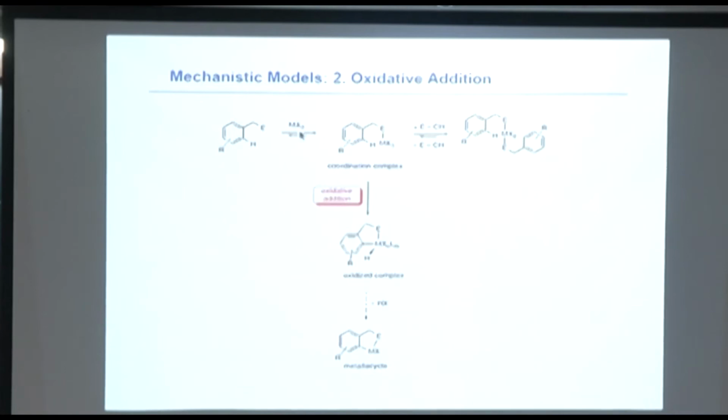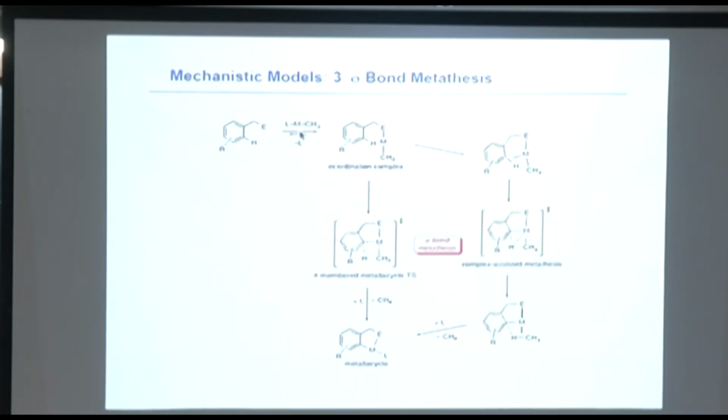In oxidative addition, it's the inverse. We pump electron density from the metal into the CH bond. So experimentally, this will be, I think, the most compelling way to distinguish oxidative addition. And in sigma bond metathesis, it's neither. We have four center, four electrons.